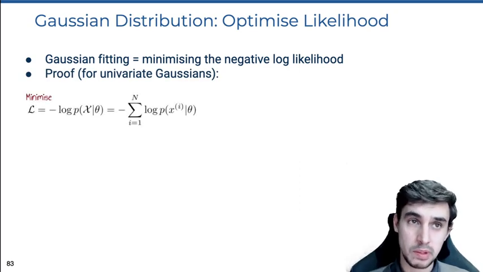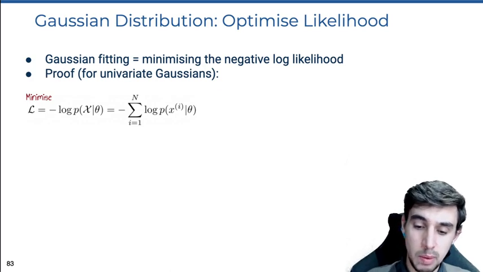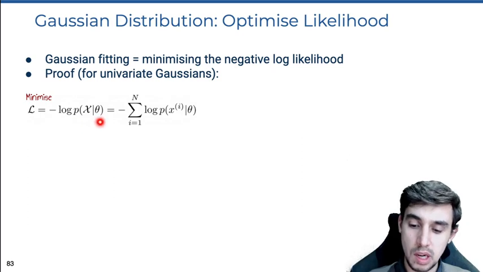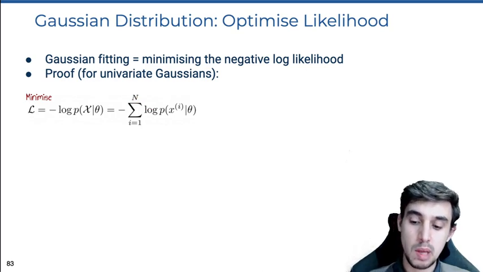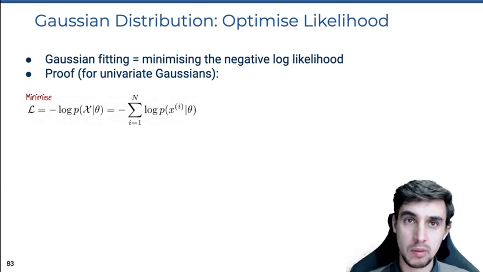So as a refresher, we want to minimize the negative log likelihood, which has this form here, and which is computed according to this term here. The reason why we don't have the product over all the probabilities, but the sum, is thanks to the log term, which is turning every product into a sum.